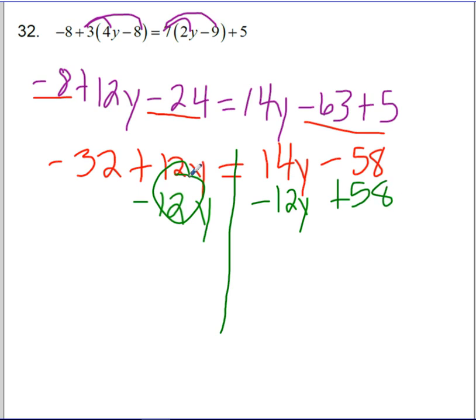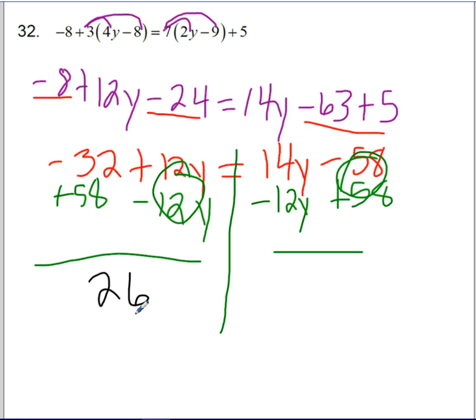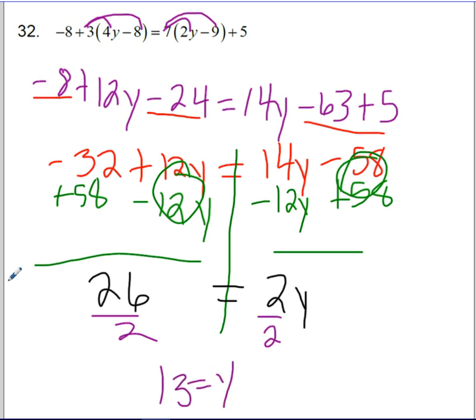We have to do the opposite, to add 58 to both sides, so that way all the constants zero out on the right. When we do that, we're left with -32 plus 58 on the left, which is 26. And on the right, 14 minus 12 is 2. So our final step is to divide both sides by 2. So we get 13 as our answer for y.